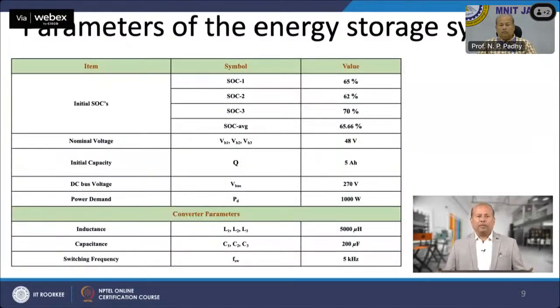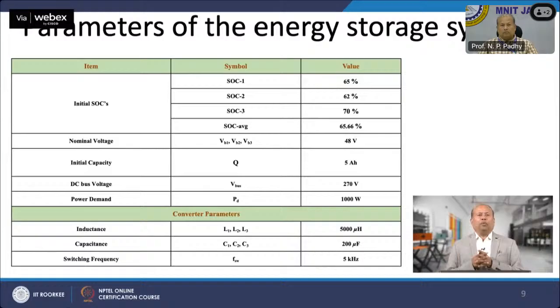The parameters of the storage system are presented in the table as shown. The initial SOCs are taken as SOC1, which is 65%, SOC2 62%, and SOC3 70% respectively. The average SOC is close to 65.66.